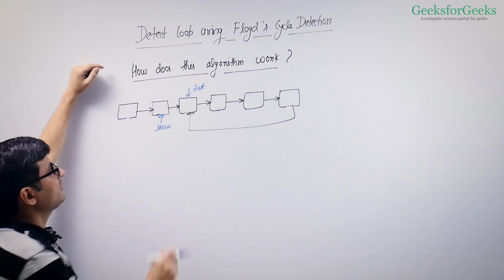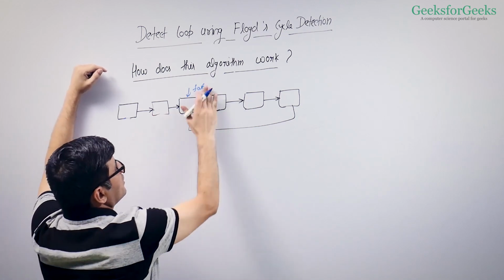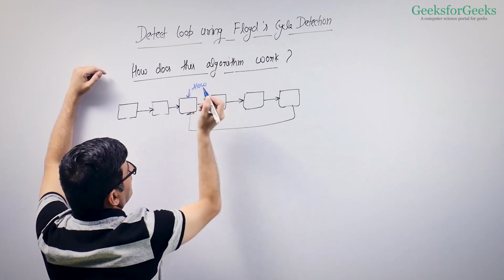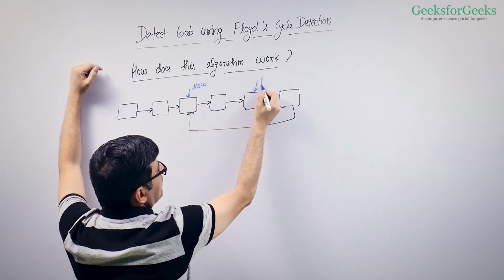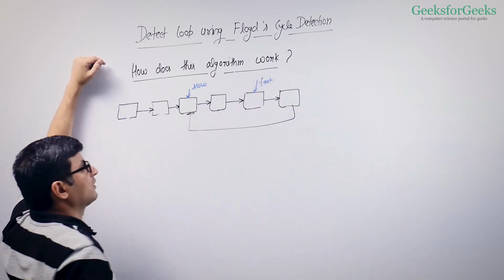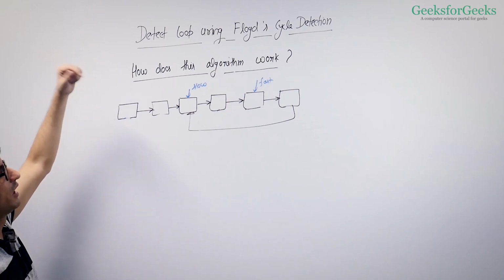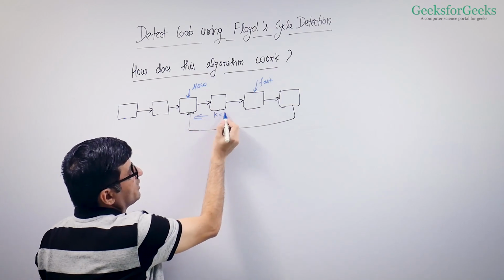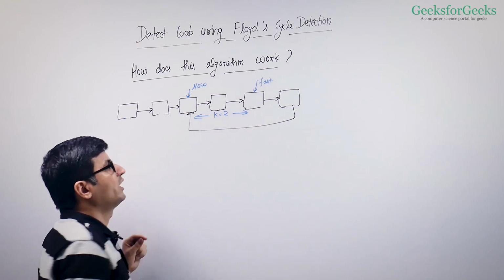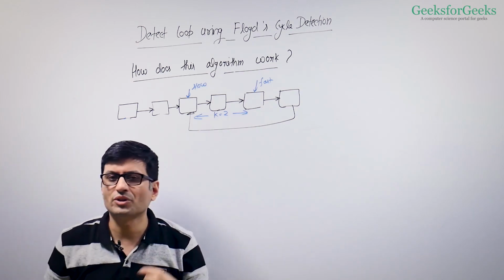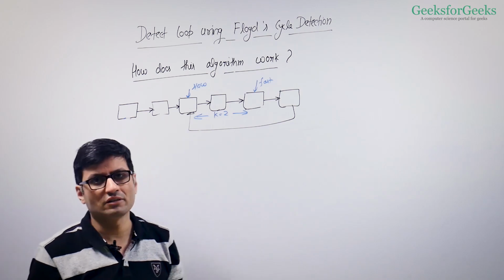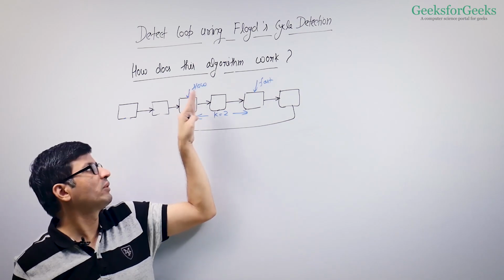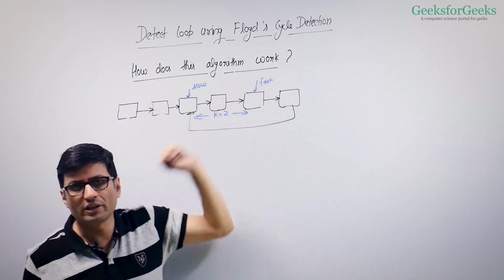In the next iteration, slow comes here and fast comes here, right? Now your k is 2. The distance between these two is 2 right now, and we see that the distance is going to increase by 1 in every iteration. So this is the point I was talking about. Slow is about to enter into the loop and fast is already k distance ahead.